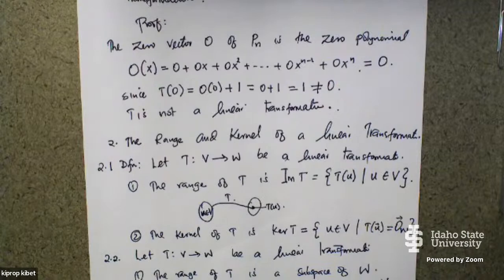You start by checking the 0 in W and also the 0 in the kernel.